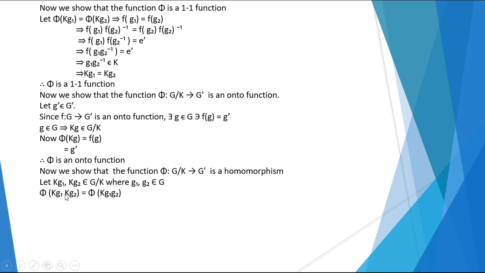By the definition of coset multiplication, Kg1 Kg2 is Kg1g2. By the definition of phi, this is f of g1g2.